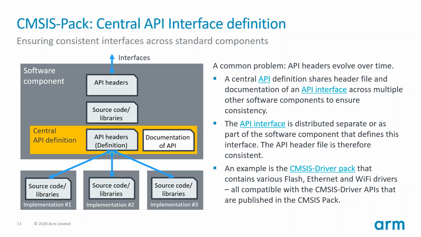An example for such an API definition is the CMSIS driver pack that implements various generic Flash, Ethernet, and Wi-Fi drivers that are all compatible with the CMSIS driver API, which is defined and maintained in the central CMSIS-Pack, where we deliver all the standard CMSIS software components. So this is a very important attribute of the CMSIS-Pack system to offer a central API definition.